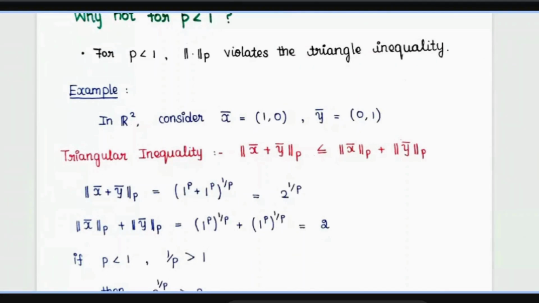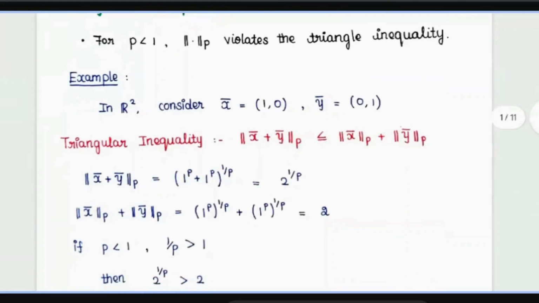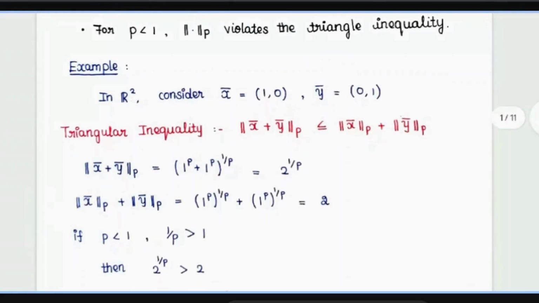If we work out the left hand side, it is coordinate-wise addition, so it is (1 to the power p plus 1 to the power p) whole to the power 1 by p, which is 2 to the power 1 by p. The right hand side is the norm of x bar plus the norm of y bar, which is (1 to the power p) to the power 1 by p plus (1 to the power p) to the power 1 by p, which equals 2.